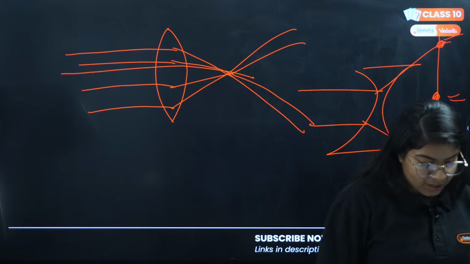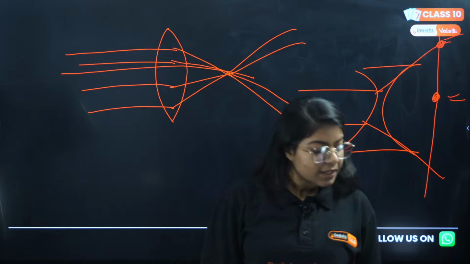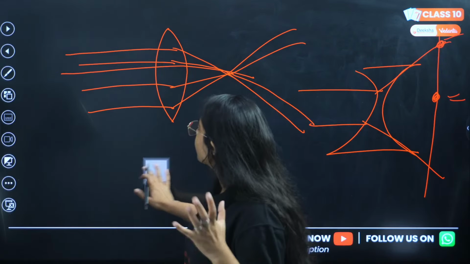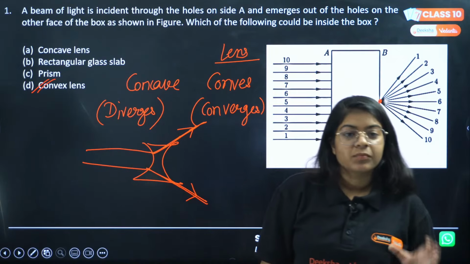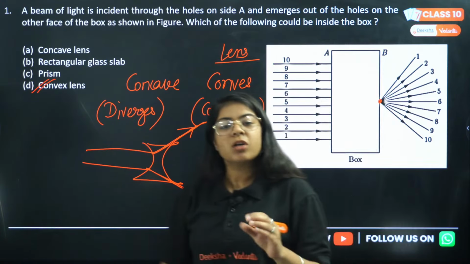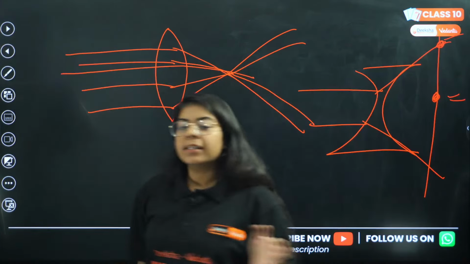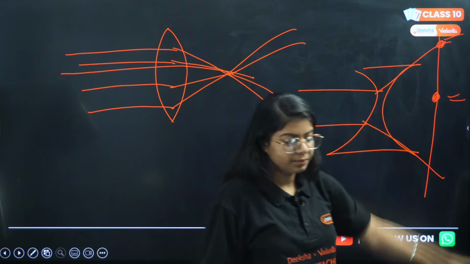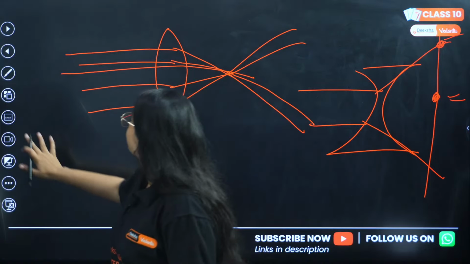It's actually convex lens. Understood everyone? Did your doubt get cleared or not? Now you understand the question? Understand it and read it carefully. Inside the box all the rays are coming out, but if there was a concave lens, then how would this ray come out from this hole? Okay, let's move on to the next question.